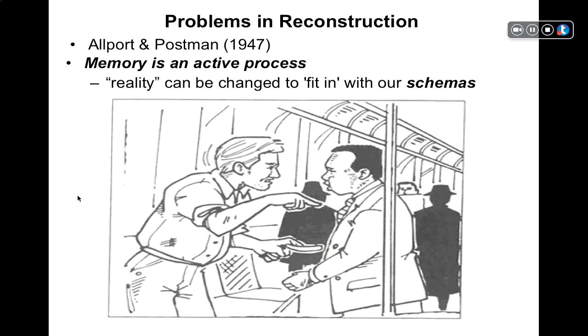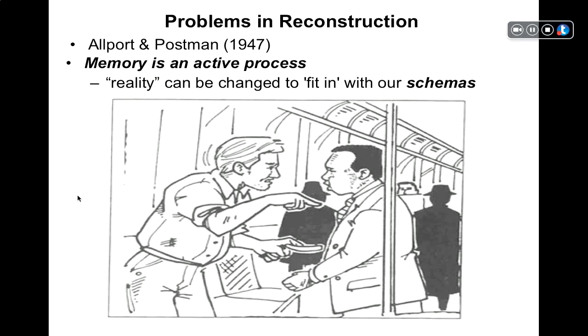These are organized clusters of information based on experience. My analogy was how we store stuff away in a storage space or an attic. We have certain tubs that we label and so forth. Think of a schema as a similar thing. We have these chunks of information based on our experience, and we use those schemas to organize information.